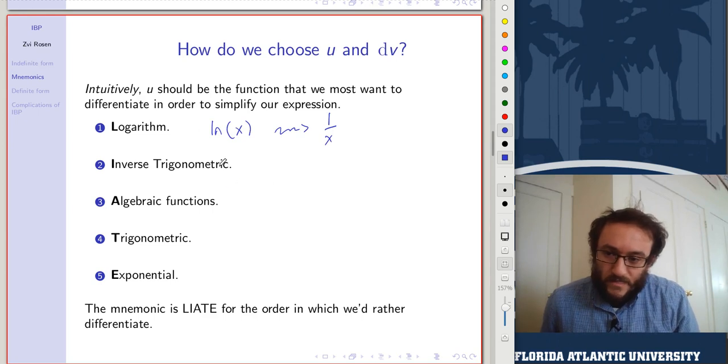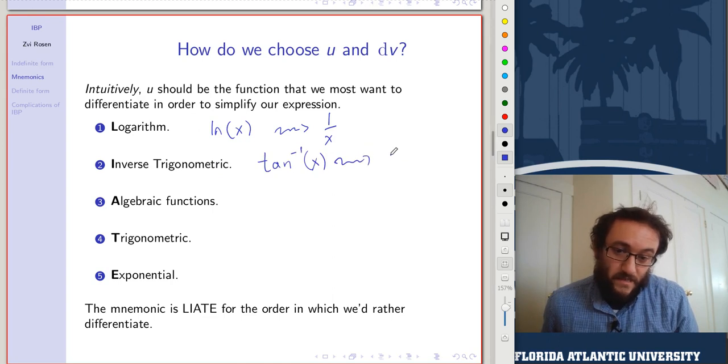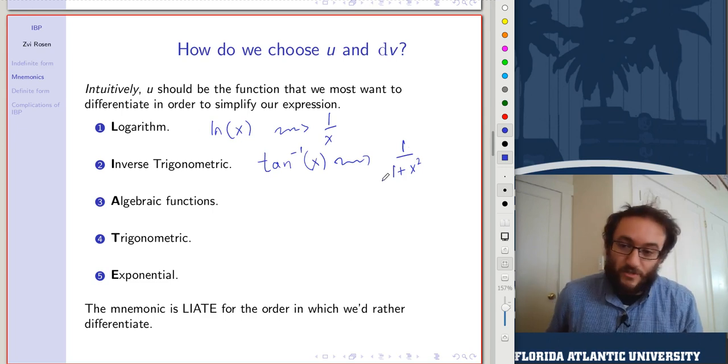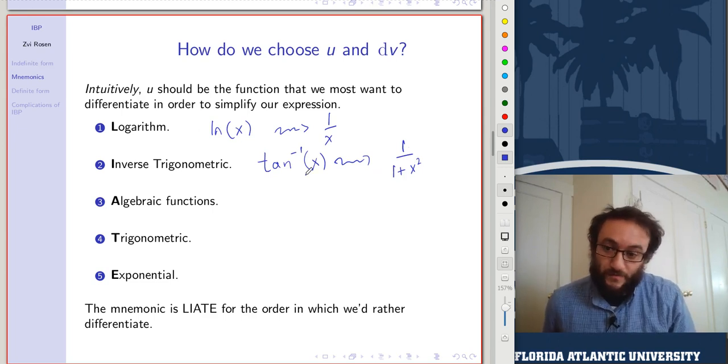Similarly, for inverse trigonometric functions, let's say arctangent of x, the derivative is 1 over 1 plus x squared, which is much simpler. This, in an expression, would be hard to work with, but this, you can do a u substitution. There's lots of tools at our disposal.